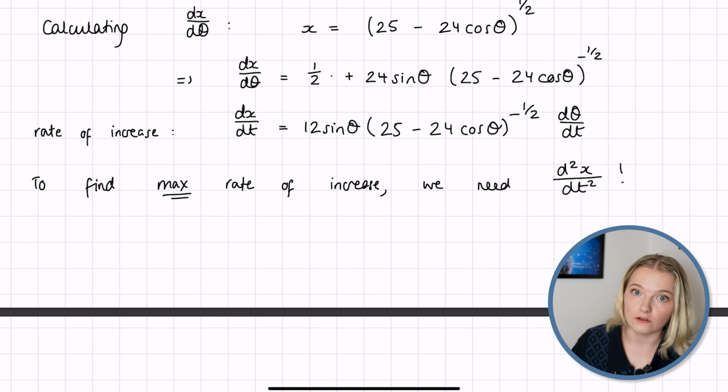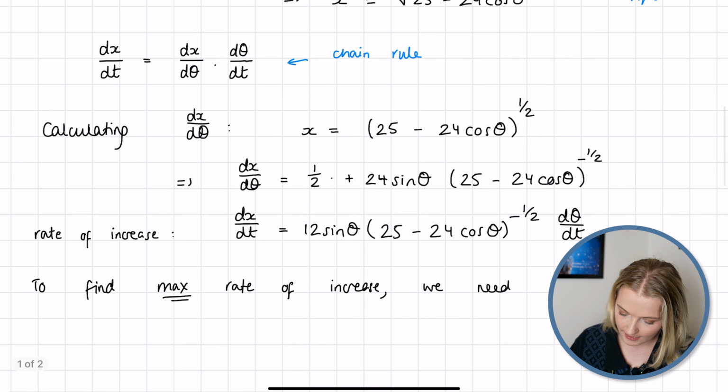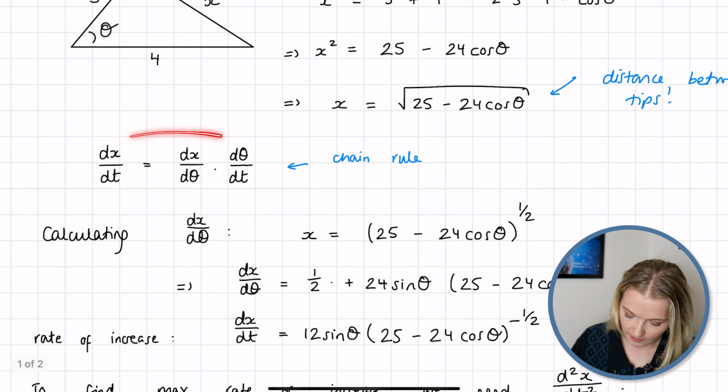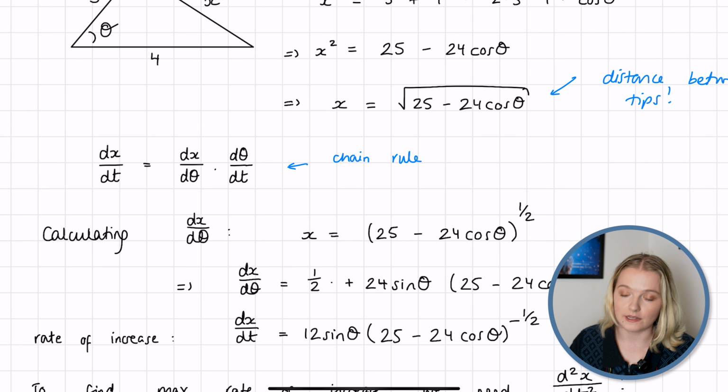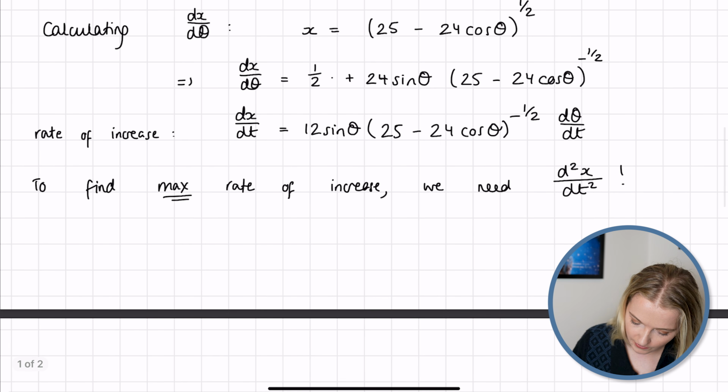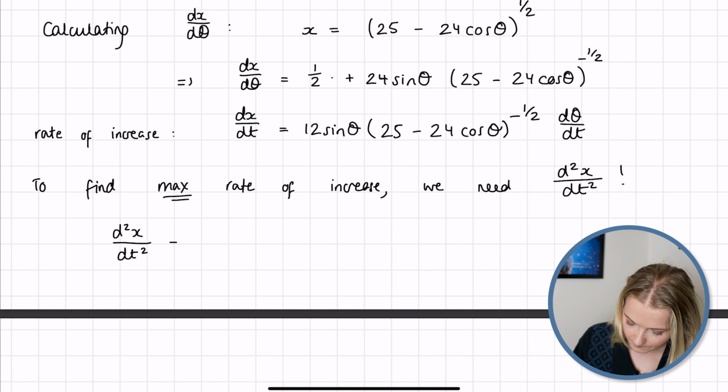I'm going to write out what this is going to look like in terms of differentials, because obviously we had the chain rule here, which is fine for the first order differential, but then we're going to want to differentiate again, and this looks slightly different for that case. So we would end up with d squared x by dt squared.